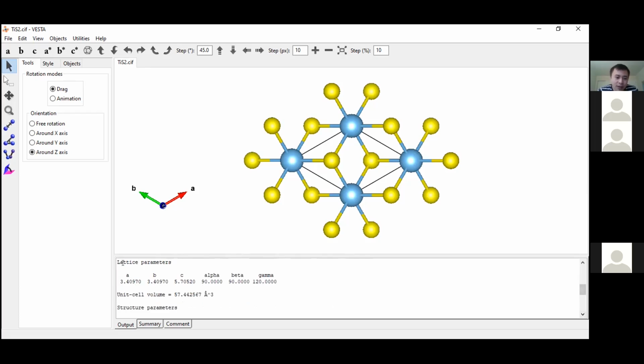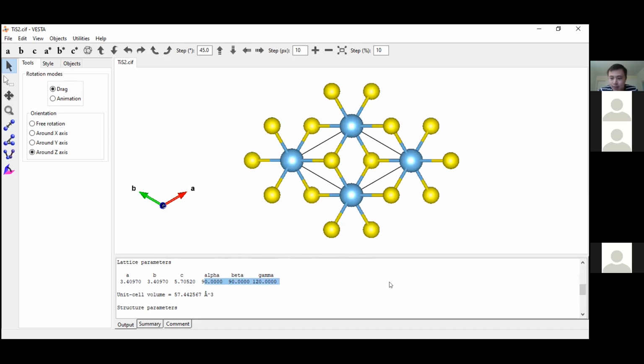Further, we can see it also shows us the lattice parameters. This is a trigonal system, so we have only two variables for the lattice, because a should equal b. Then we have only one other variable, the c, the length of the c-axis. And the angles are fixed. There should always be alpha and beta equal to 90 degrees and gamma equal to 120 degrees.